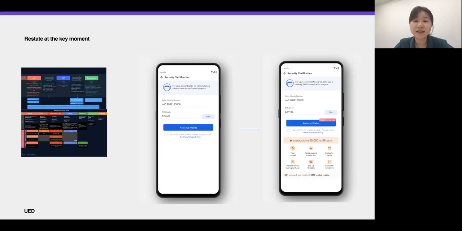On the left side of the screen was our previous OTP screen, a very standard screen displaying, okay, for your account safety, we're going to ask you to do an OTP process and then activate a wallet. Now what we learned is that it's not something they're familiar with.